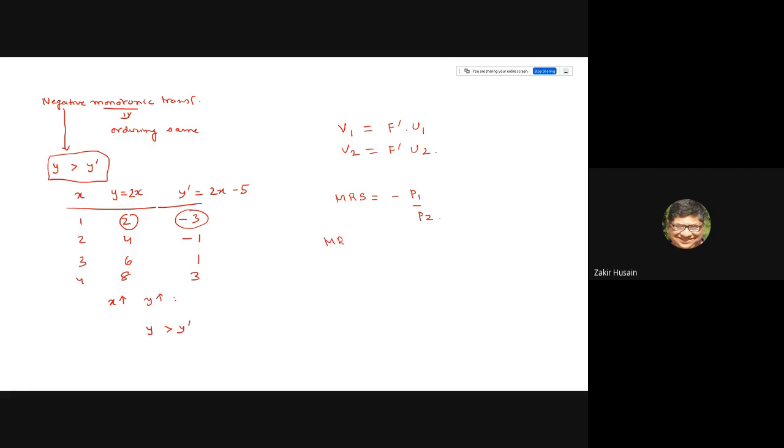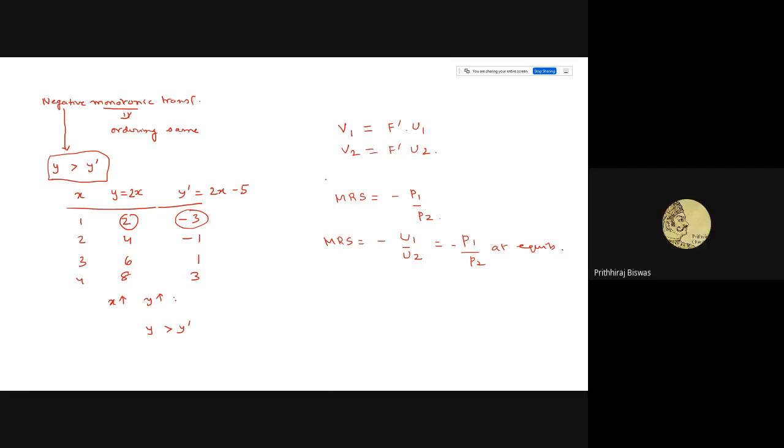Now, what is MRS? It is U1 by U2, which is equal to the price ratio. Now, if you take V1 and V2, will the equilibrium change?